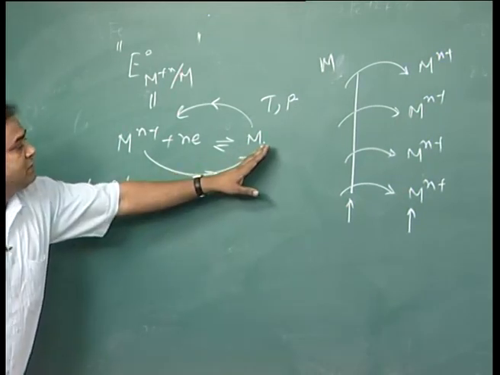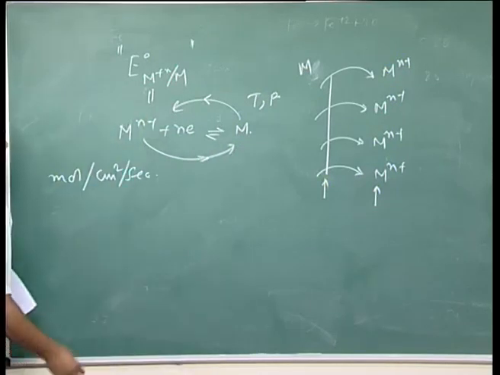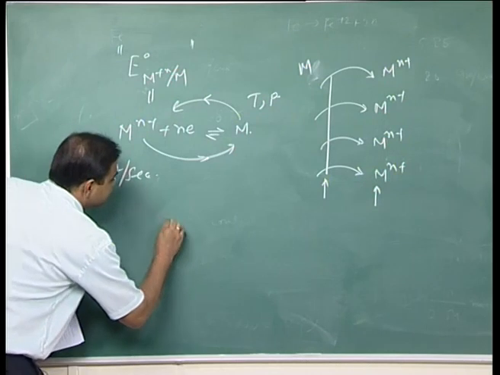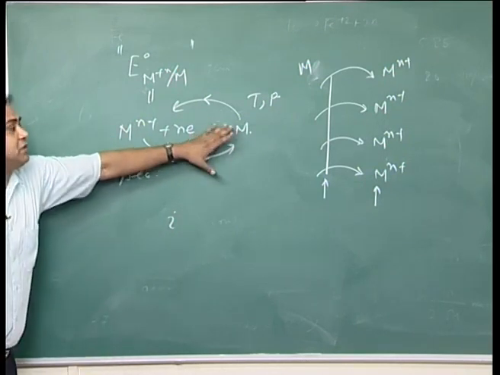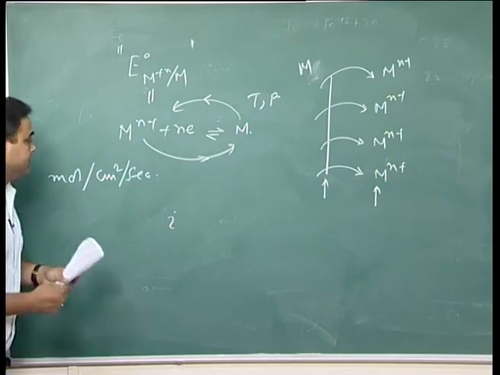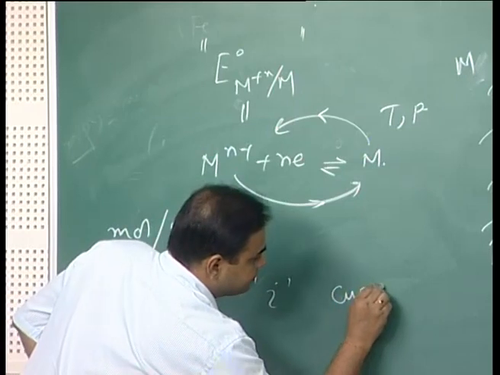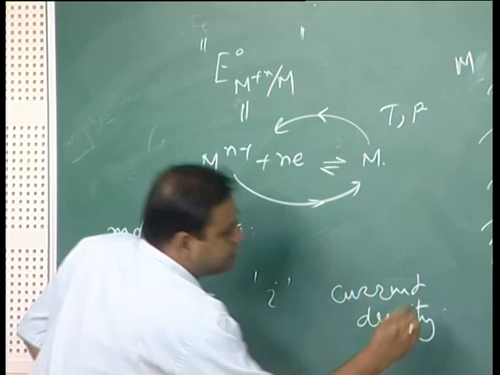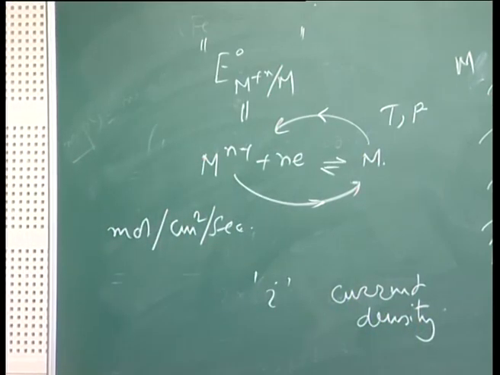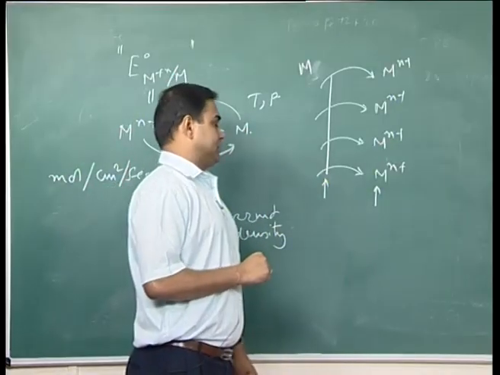The metal ion formation is nothing but the corrosion, and if you would like to find out the rate of corrosion or the rate of metal ion formation, that is nothing but the current density. Now, once you know the current density, you know my rate of reaction.